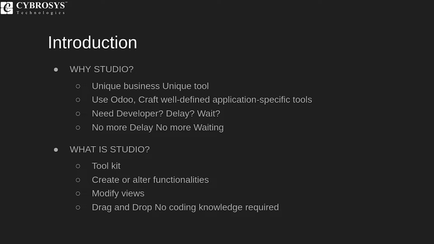Now let me tell you what the Studio app is. Studio is a basic toolbox that allows you to add modules and adapt or modify functionalities on top of Odoo's standard behavior without any coding knowledge. You can also create custom views and modify existing ones without any technical knowledge.